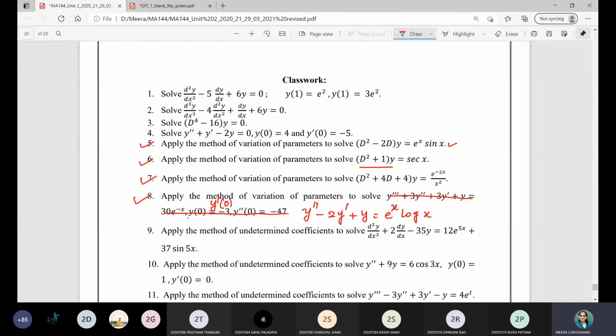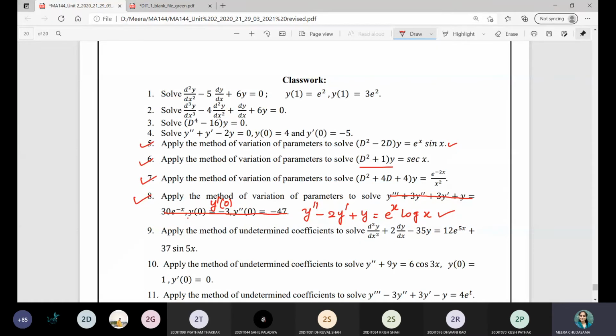So instead of this, consider this as the example. Please make a correction in your file also. I have already shared this file with you. The example is y double dash minus 2y dash plus y is equal to e raised to x log x. So here consider the first homogeneous part and then solve the particular integral.